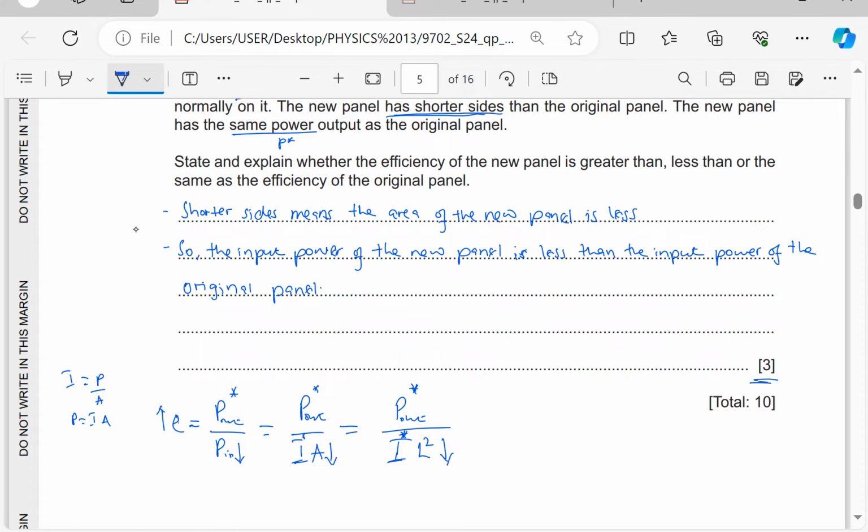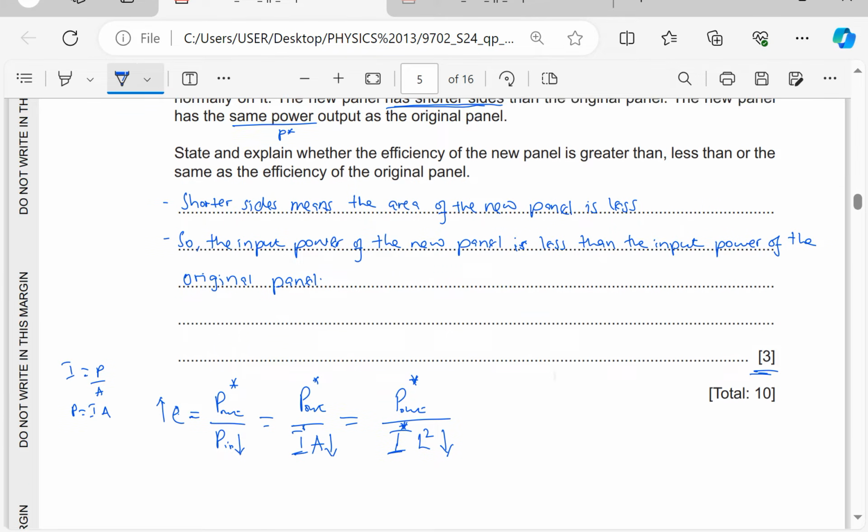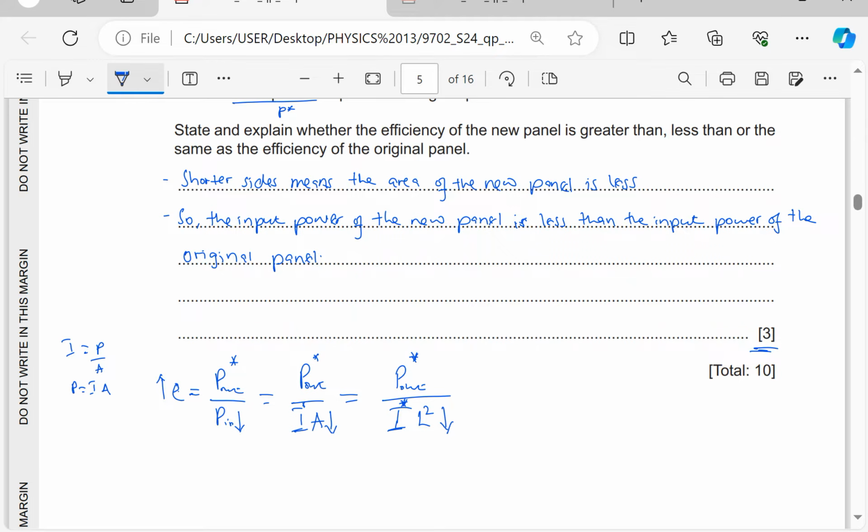And if the input power of the new panel is less than the input power of the original panel, efficiency is inversely proportional to the input power. So I will simply say hence, efficiency of the new panel is greater than that for the original panel.